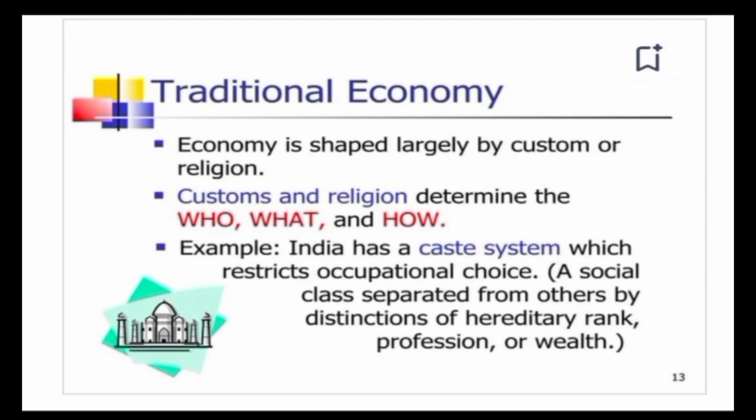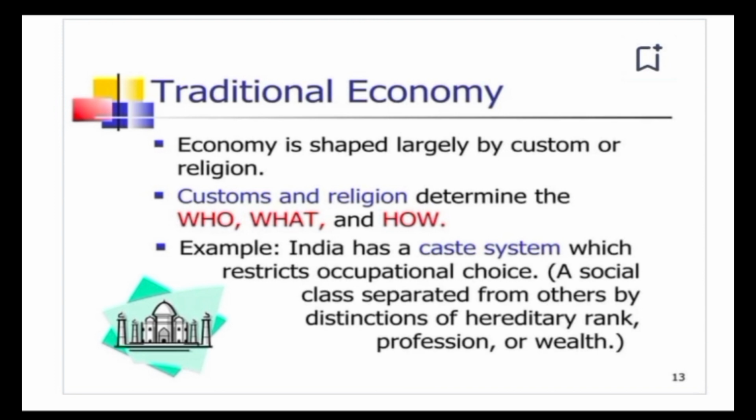Next one, we have the traditional economy. The economy is shaped largely by custom or religion. These kinds of economies are dominated by or run by traditional thoughts, the religious virtues or thoughts of people, mostly religion. Religion determines what we will produce, how we will produce, and who will consume it.